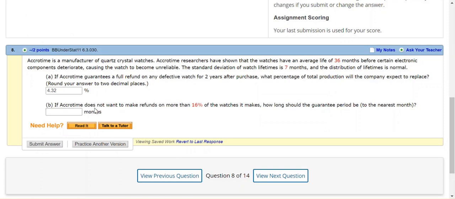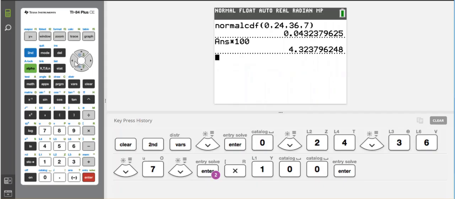If this watch company does not want to make refunds on more than 16% of the watches they make, how long should the guarantee period be? The way I do that is I go back up here to my normal CDF. The 0 is the day the watch was made.